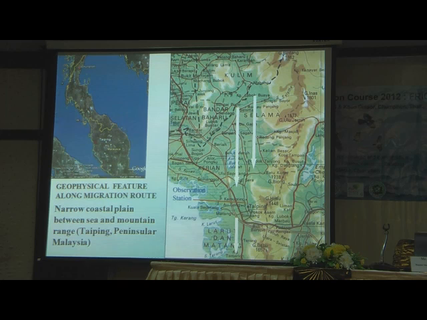And if you look at the detailed map of the Taiping area, you can see the range of hills here. And the alignment of the hills is north-south. So the alignment suits their direction, north to south. And because there is the sea here, they just follow this flat land here.